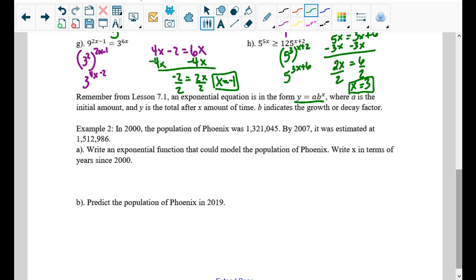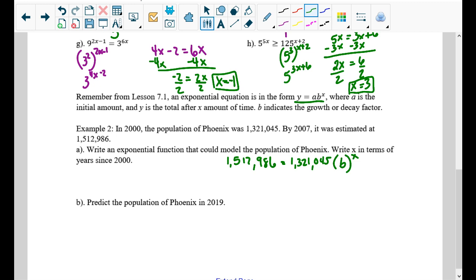So the end was 1,512,986. The initial was 1,321,045. This is our growth factor, this b value.